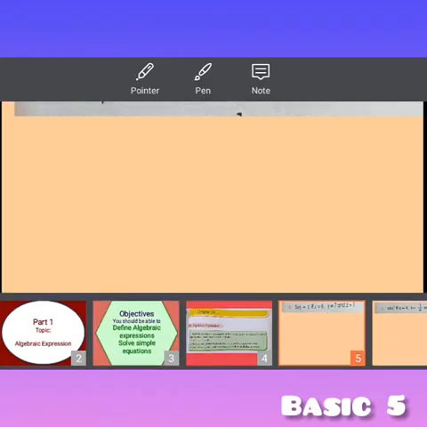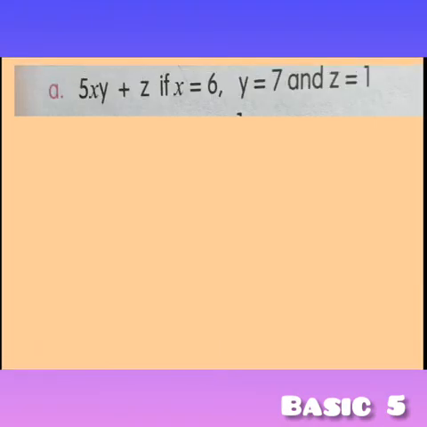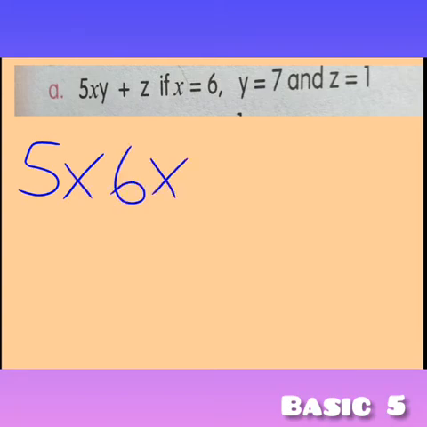What we are expected to do is to substitute the values of those alphabets. We have here 5 times x, which is 6, times y, which is 7, plus z, which is 1.